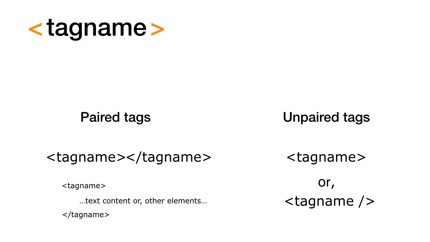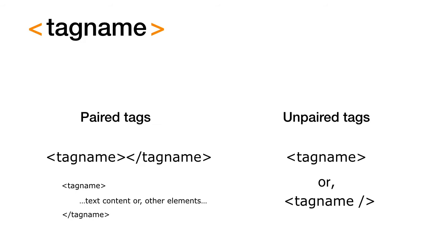Remember, for a particular HTML element, we can put some text as the content or other HTML elements as the content, depending on how the World Wide Web Consortium has defined rules for that particular element. And as you can see, in the case of unpaired tags, there is only one tag present and we cannot put any content here. So these are called no content elements or empty elements.